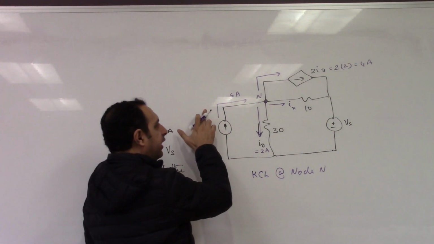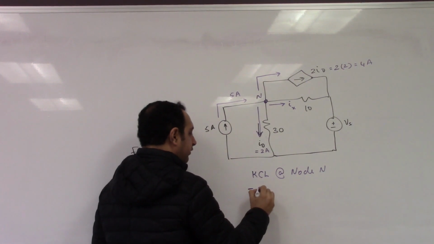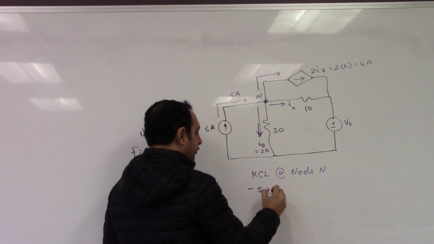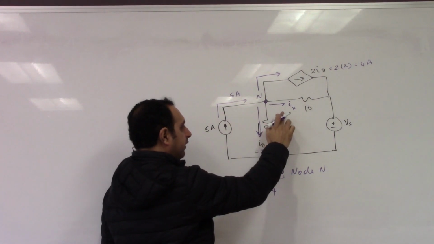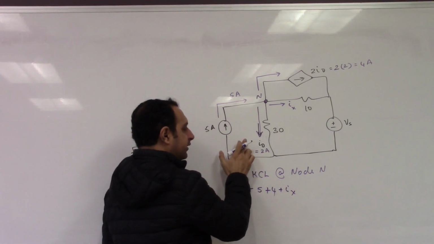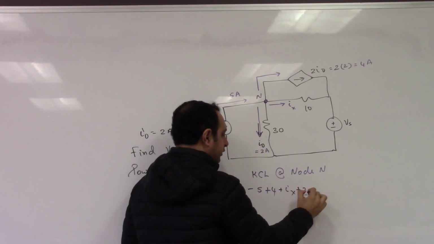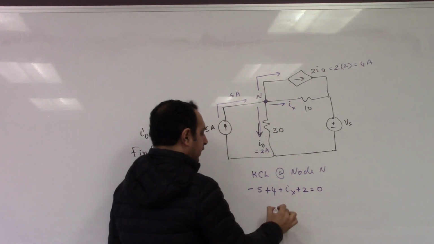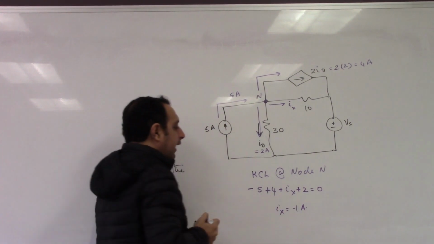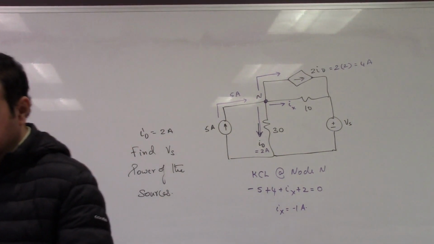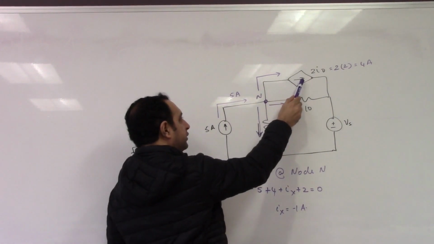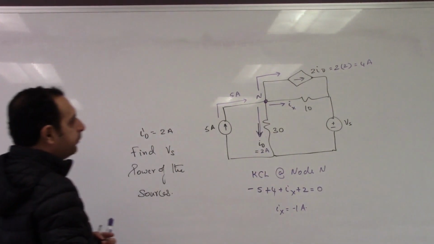So 5 amps is entering the node, so negative 5. 4 amps is leaving the node, so plus 4. Leaving the node, Ix. This is also exiting the node, so plus 2. So Ix will be equal to negative 1. Ix is negative 1, which essentially means that the current is actually flowing in the opposite direction to what is shown here. That's fine.